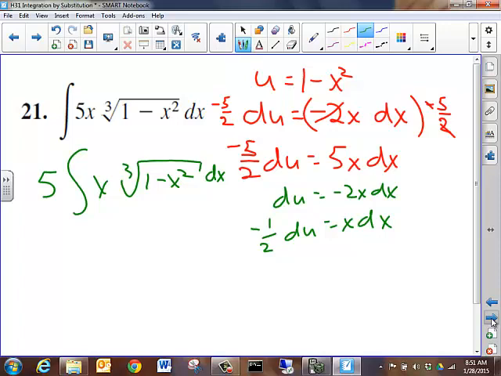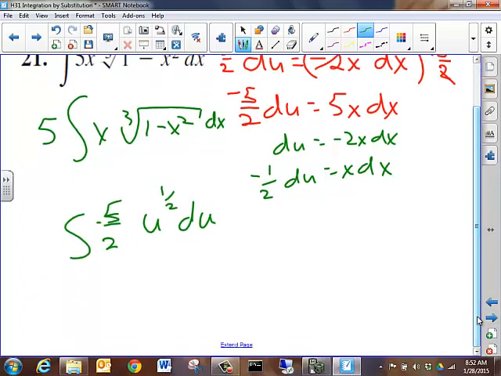If you can see this, that's very good mathematics. If you can see what we originally did in the red, boom, that works fine as well. And we should be able to simplify it from there. So let's substitute in. We're going to have the integral of negative 5 halves u to the 1/3 du.